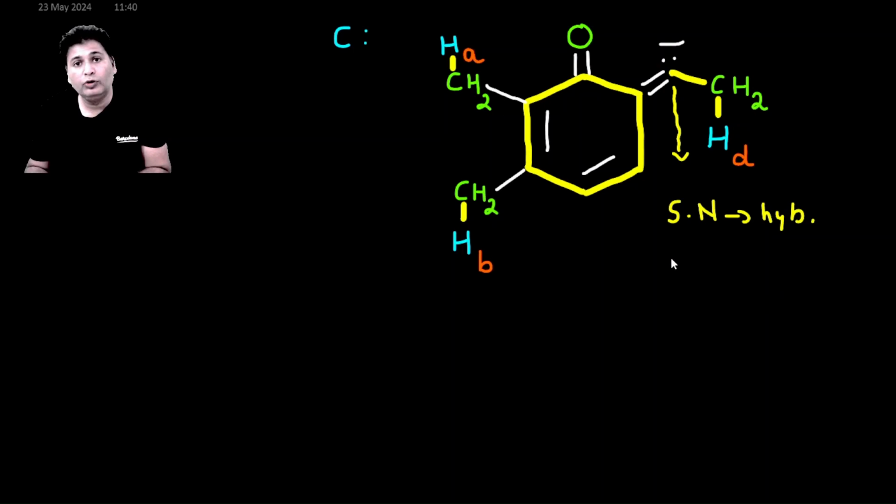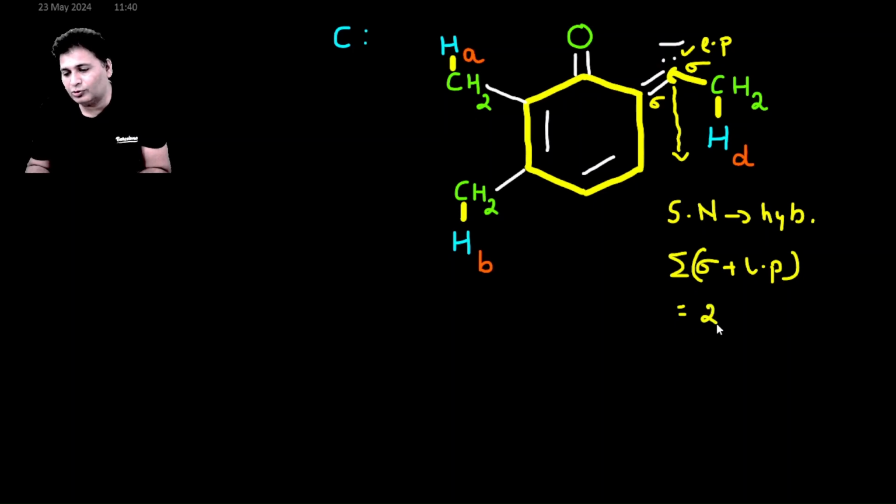You have to sum all the sigma bonds plus lone pairs. If you sum all the sigma bonds and lone pairs associated with this carbon, you understand one sigma here and one lone pair. So if you count these two things, 2 plus 1, it comes as 3.